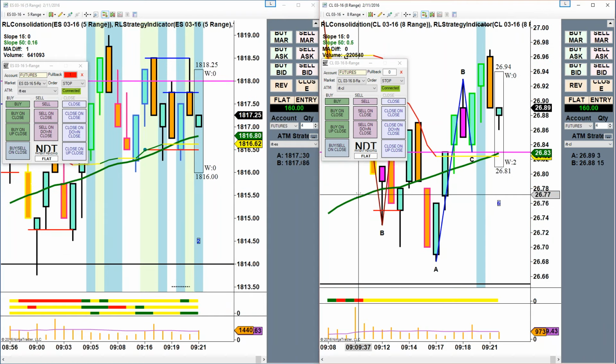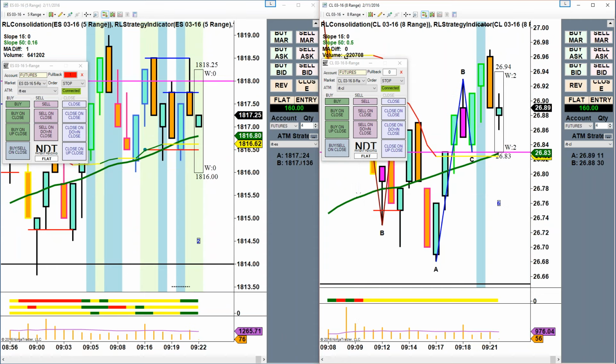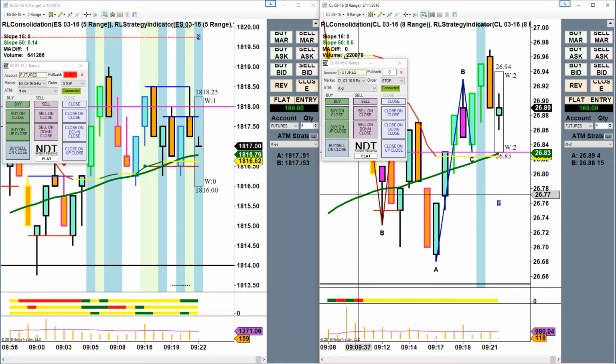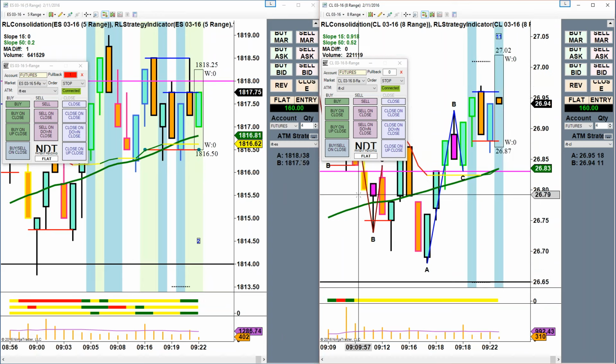You see how choppy the E-mini is. We're 6 ticks off support on crude, which is too much to take a continuation long here. Let's look for a down close on crude.